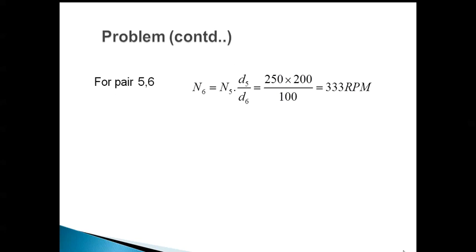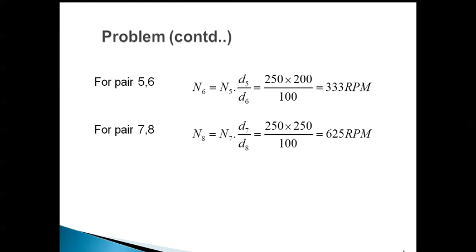So N5 is 250 into 250 by 100, then N6 is 333 rpm. Considering the 7 and 8 pair, N8 equals N7 into D7 by D8, that is equal to 625 rpm.